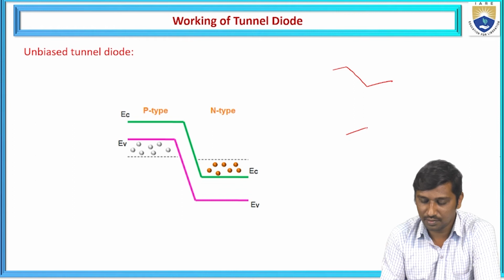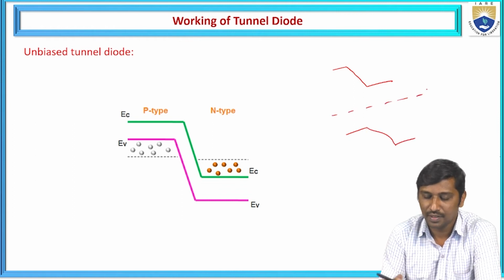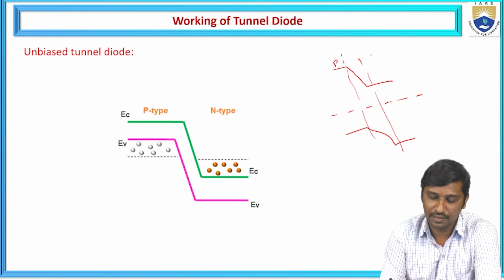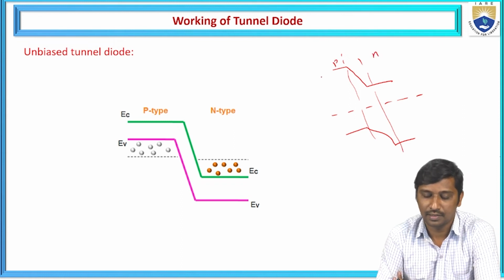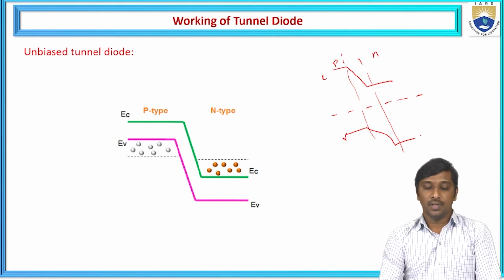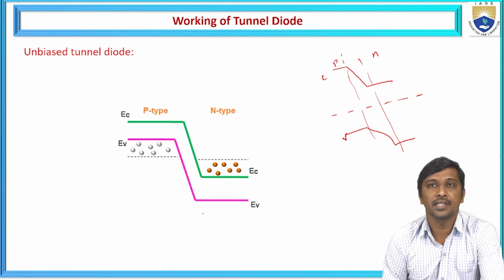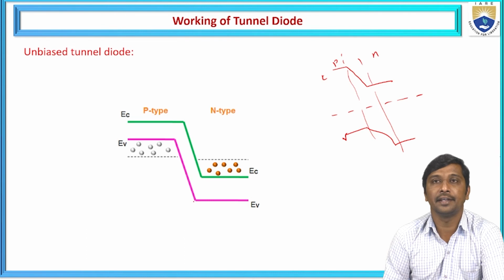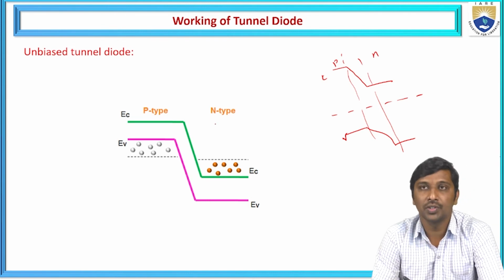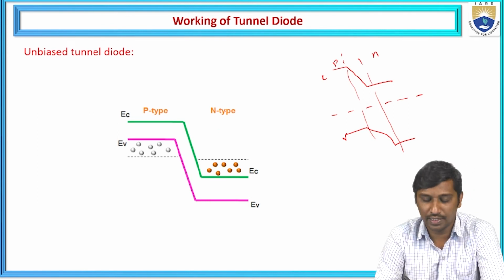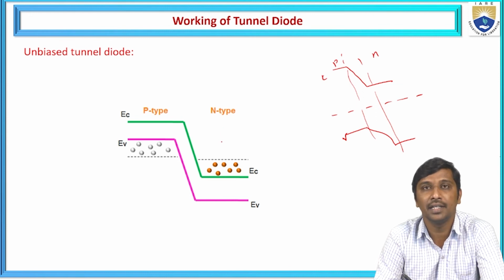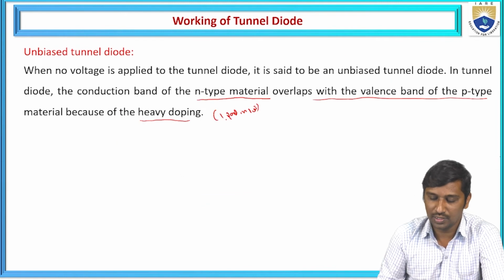This is the Fermi level, this is P type and this is N type, and this is the conduction band and this is the valency band. But if you observe, due to the large doping concentration involved in the tunnel diode, the conduction band of the N-type material overlaps with the valency band of the P-type region. So this point.